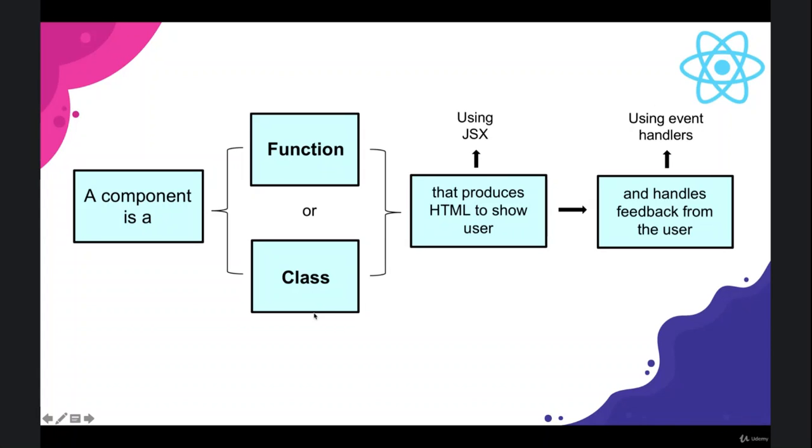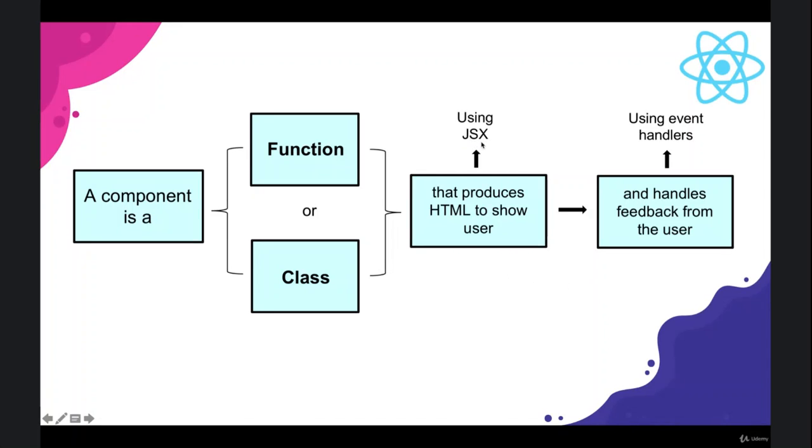The purpose of a component, either a function or a class, is to produce HTML that we're going to show to the user. Now, its secondary purpose is to handle feedback from the user. For example, anytime that the user clicks or types or drags or any type of event like that. So in order to produce content or HTML to show the user, we're going to write out some amount of JSX.